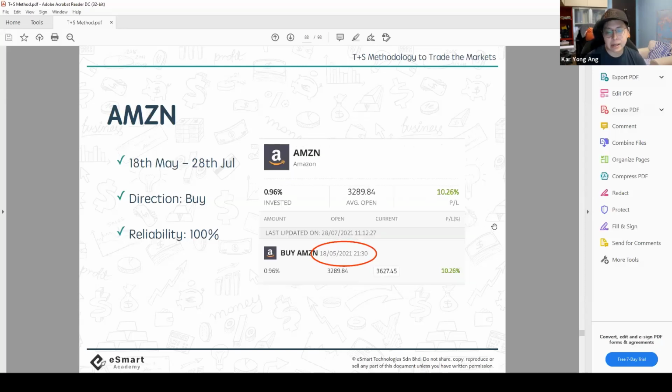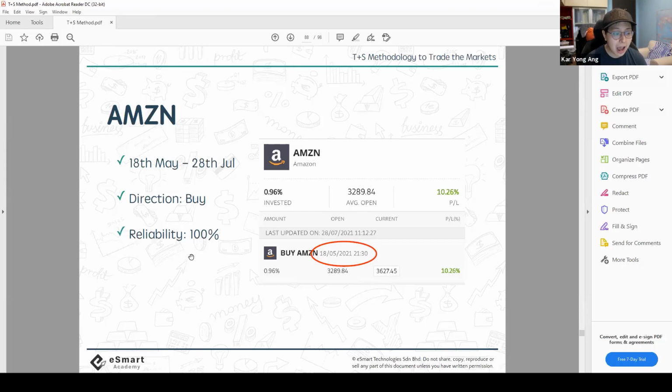Amazon, I think you guys are very familiar with it. Recently, if you're following Amazon, there's a major drop. Can timing and seasonality help you to prevent those major drops? Possible. Let me show you an example of Amazon. Amazon between mid-May, 18 May, to end of July, which we just exited this trade not too far back.